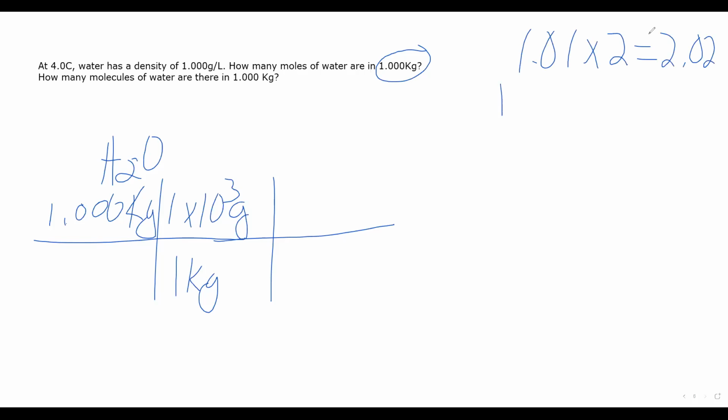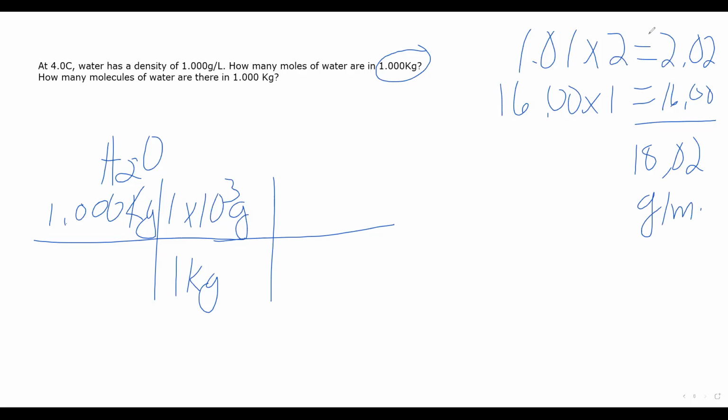And then you've got 16, and there's only 1 of those, so 16 grams from oxygen. You find these by looking at one thing specifically, and that is the periodic table. And that gives you 18.02 grams per mole of water.